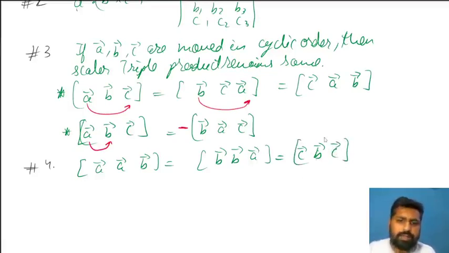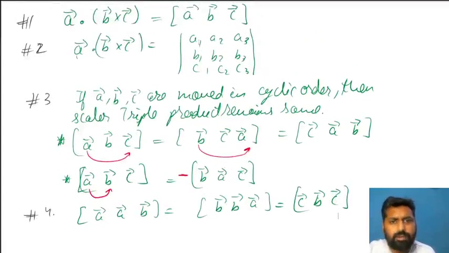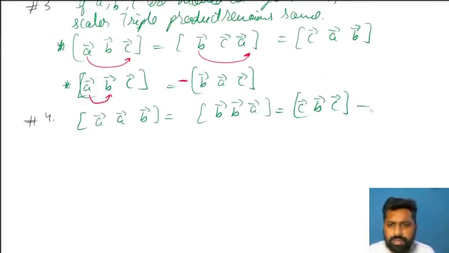The point is that in the determinant you will get two rows the same. If two rows are the same, the determinant is always 0. So if two vectors are the same in a scalar triple product, the result is 0.